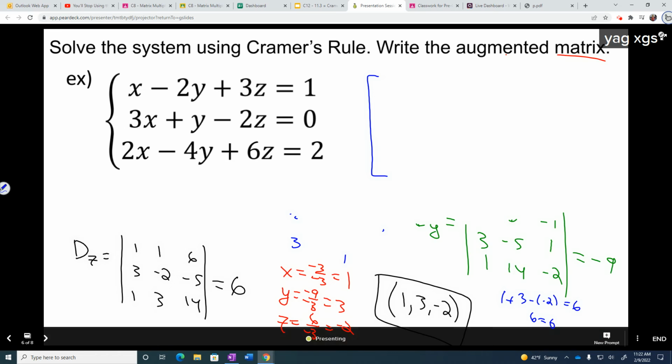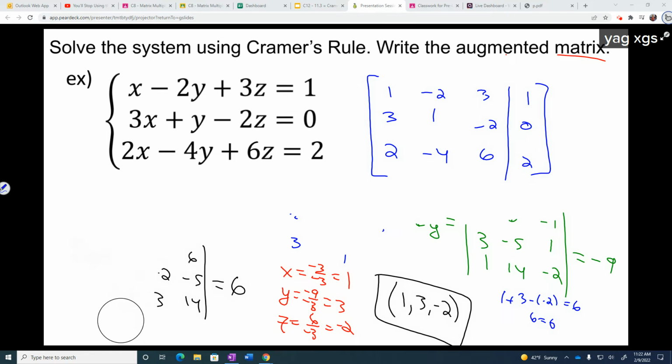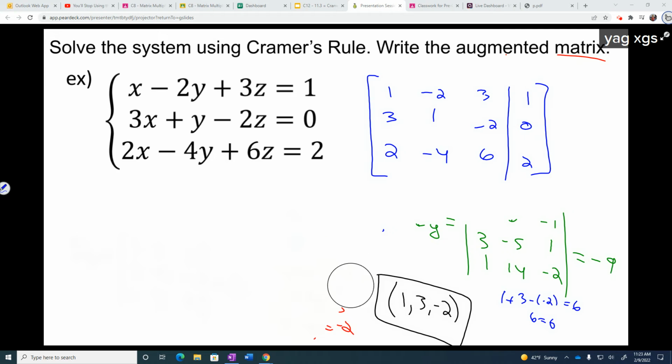We will just write the numbers 1, 3, and 2. So that's going to be what you want to write out. And then you got everything organized.